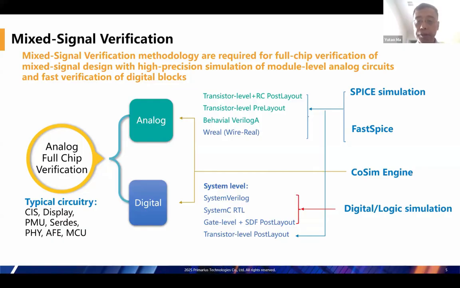So designers use transistor level simulators to do SPICE simulation for the analog part and use Verilog or VHDL logic simulation to deal with the digital part. And then they use a co-simulation engine to hook them up together to deal with the interaction between the analog and digital parts.